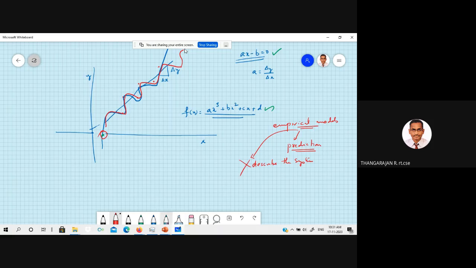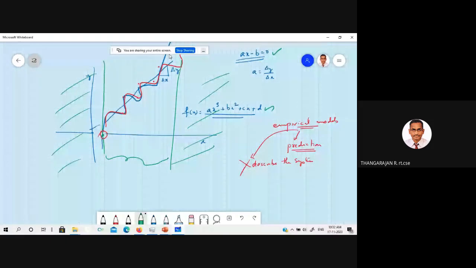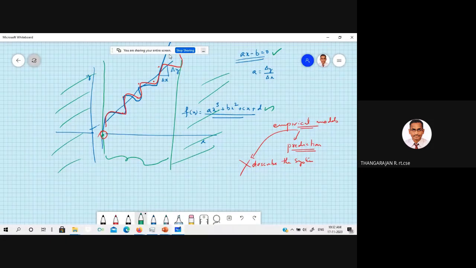In my case, my model will work only in this range. If I give a new point outside this range, how the system will behave is not understood, provided you had data, because data is always limited.